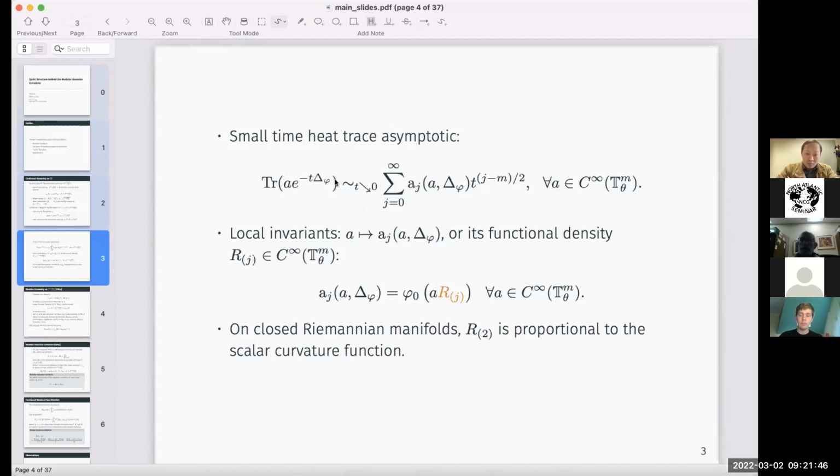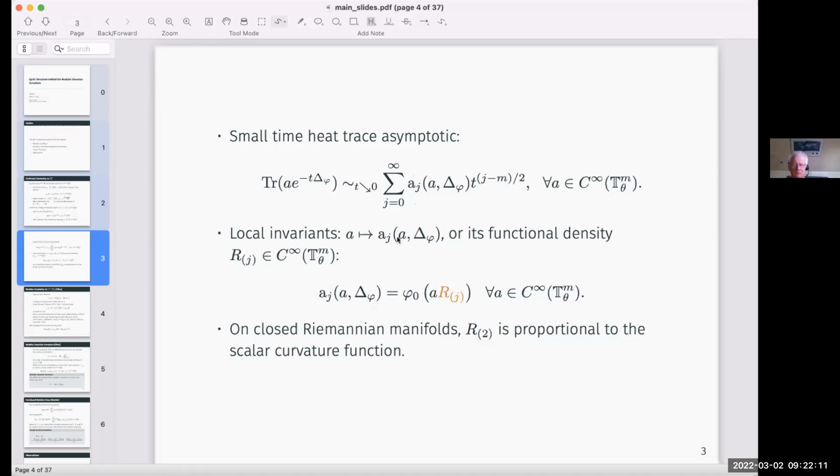Since we are in a purely functional analytic setting, we don't have the notion of Schwartz kernel for differential operators. What we do here is insert an arbitrary element a, and view this trace as a functional in a, so that each heat coefficient is going to be a functional.